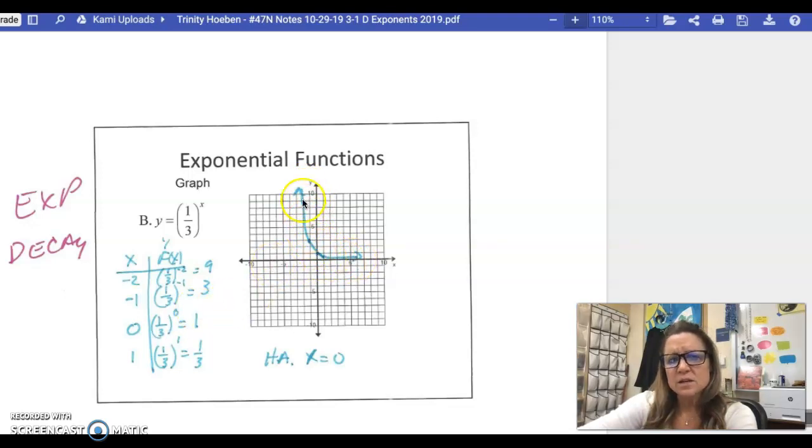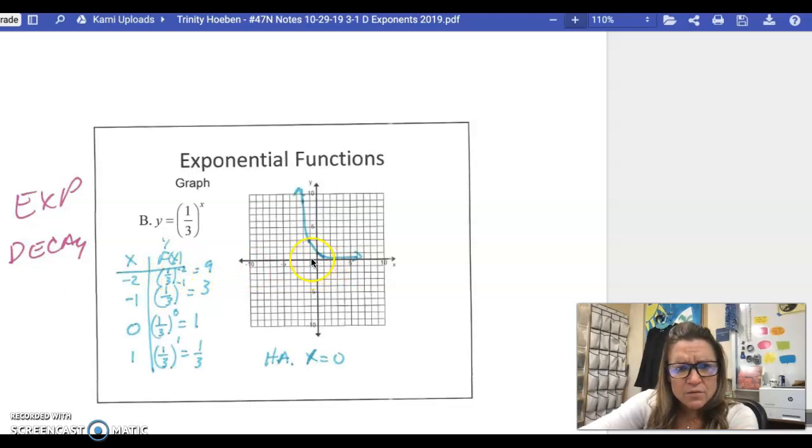So we want to see what's happening over to the left. So we're going to plug in more negative numbers. We're going to plug in -1, and we're going to plug in -2. So 1/3 to the -1 power moves that 3 up to the numerator, and you just get 3. 1/3 to the -2nd power moves that 3 up to the numerator, and we have 3 to the second, which is 9.